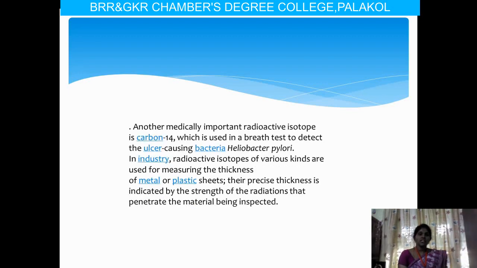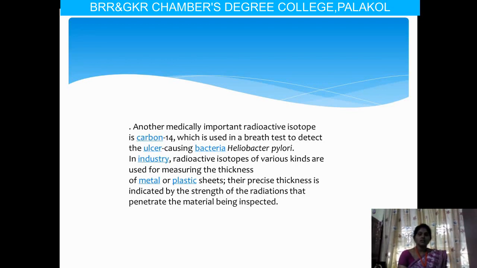Another medically important radioactive isotope is carbon-14. It is used to diagnose the bacterium present in the human body which can produce ulcers, Helicobacter pylori.